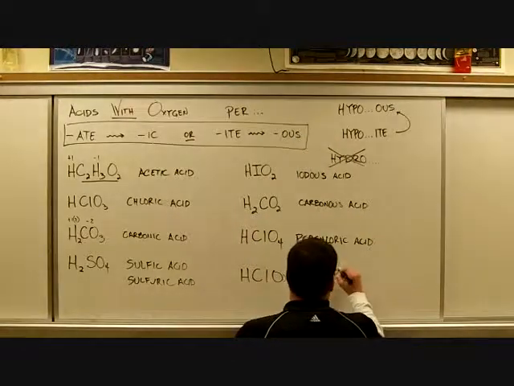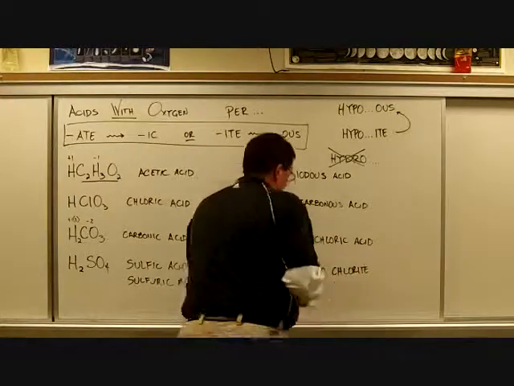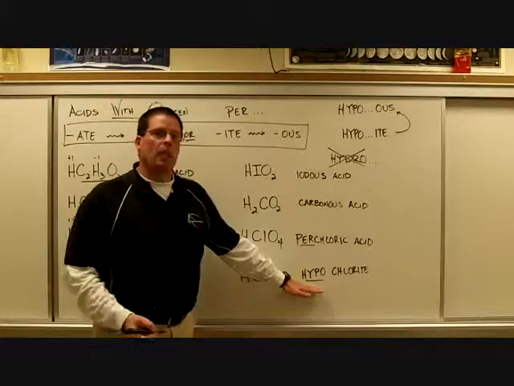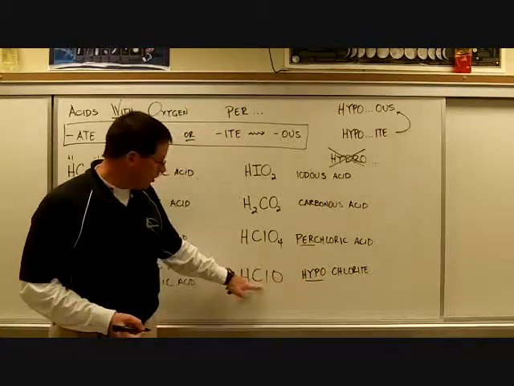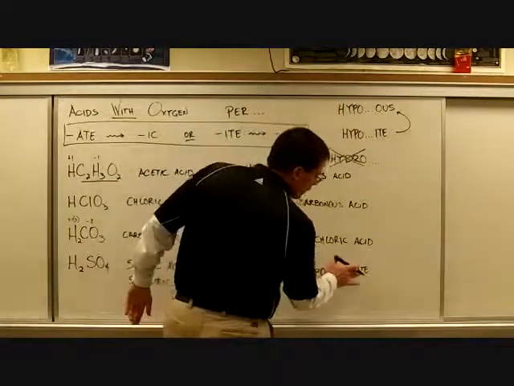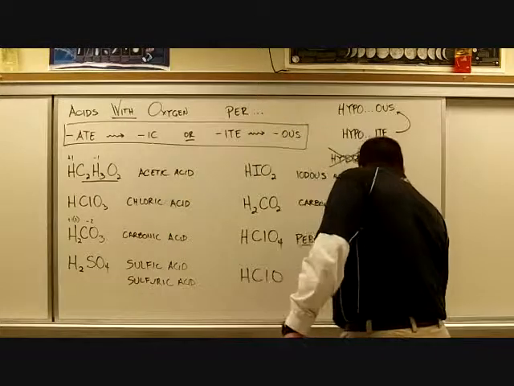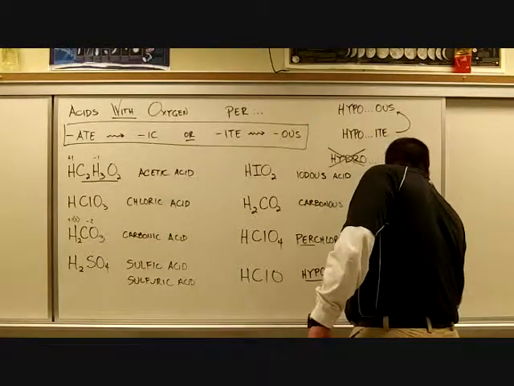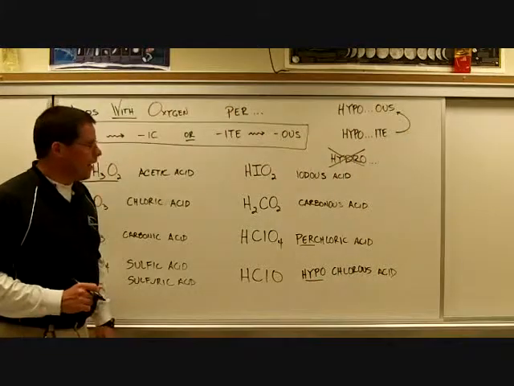The hypo is not going to change. We have to keep that in the acid name because that tells us that we have 2 fewer oxygens than our normal polyatomic. However, we're going to change the ITE ending to OUS. And then, of course, put the word acid on the end of that.